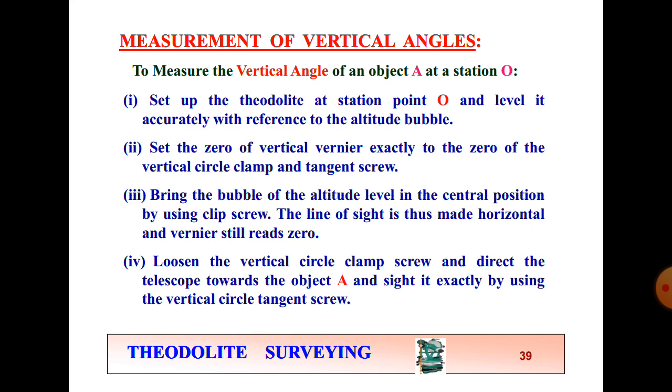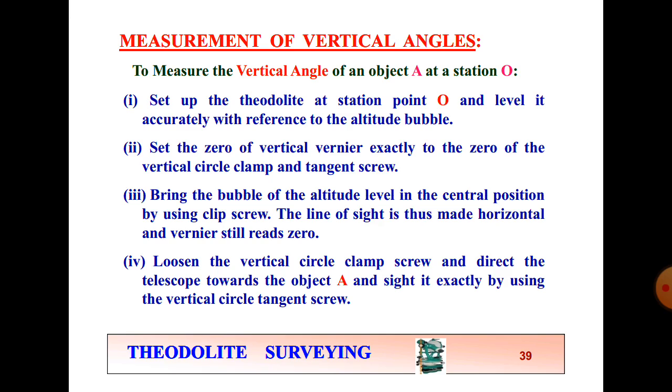When we set the angle to 0 degree in the vertical disc, your theodolite is at 0 degree and vertically it's horizontal, and bring the bubble of the altitude level to the center position by using the clip screw, and the line of sight is thus made horizontal with the vernier still reading 0.